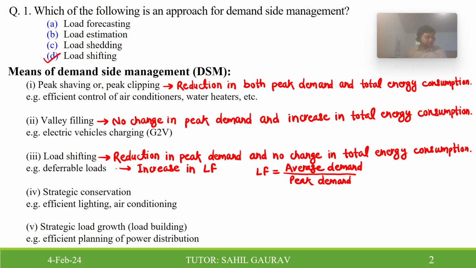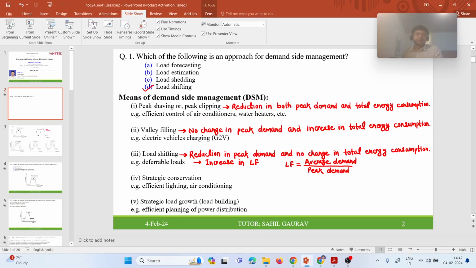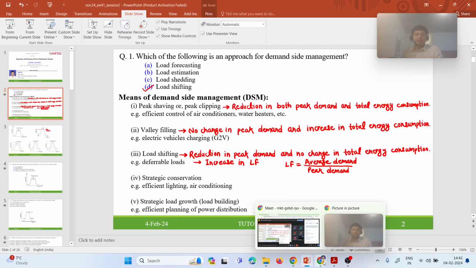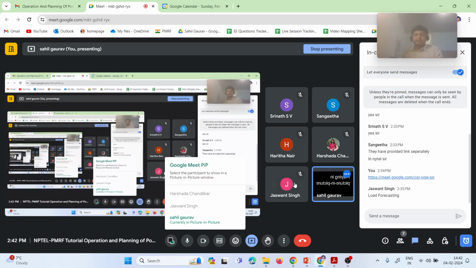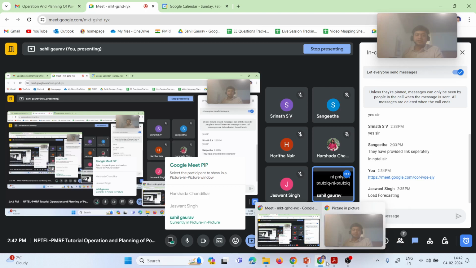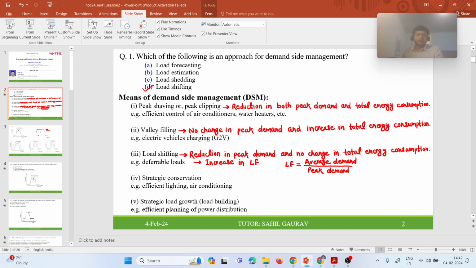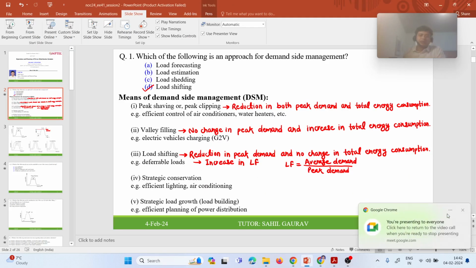And the examples for this load shifting are deferrable loads. Can anyone tell any example of deferrable loads? We will see some problems based on that, so I am discussing a little bit of theory here. Srinath, Sangeeta, Haritha, Harsada, Jaswant. I am asking what do you mean by deferrable loads?